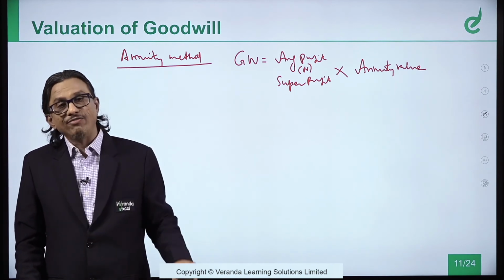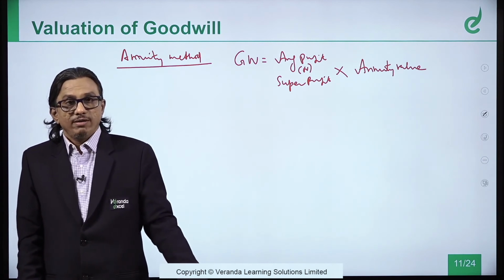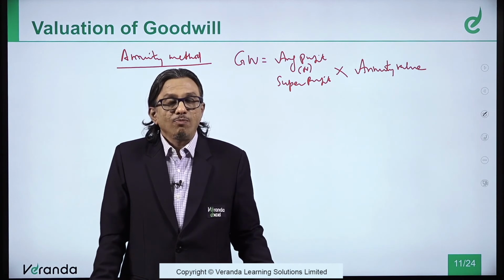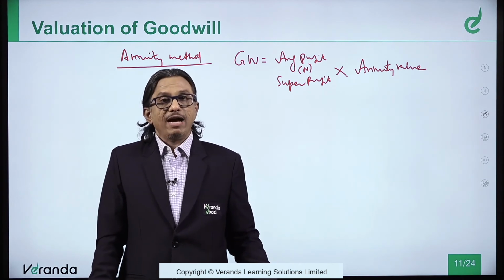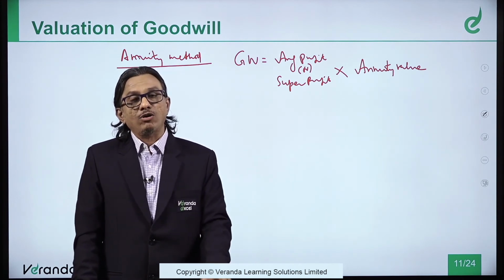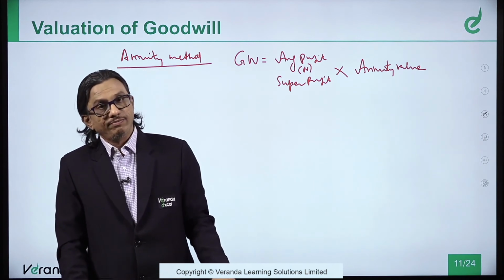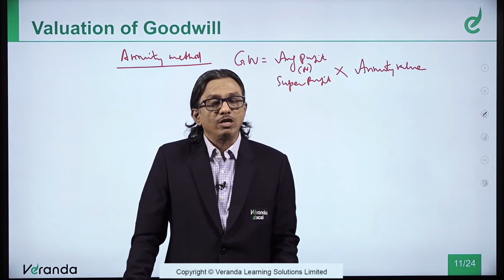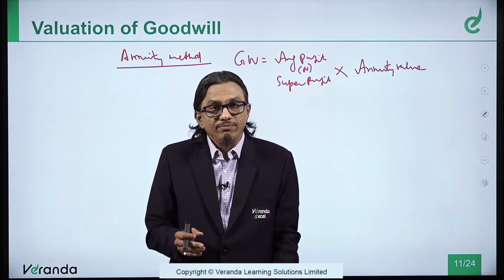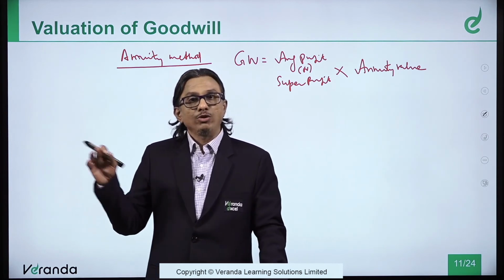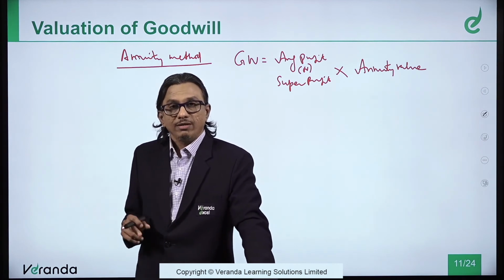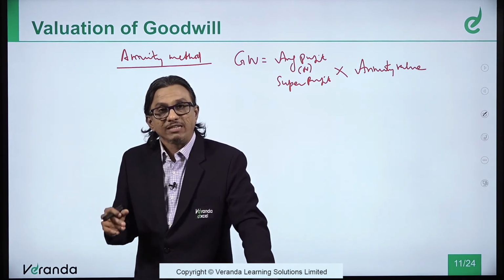But you know very well, friends, there is something called present value technique. 1 rupee earned today and 1 rupee earned after 1 year are not one and the same, is it not? If you earn 1 rupee today, you have 1 rupee. But suppose you have 1 rupee after 1 year, is it same? You earn 1 rupee after 2 years, is it same as today's 1 rupee? No. So as time goes on, the value of money keeps decreasing.